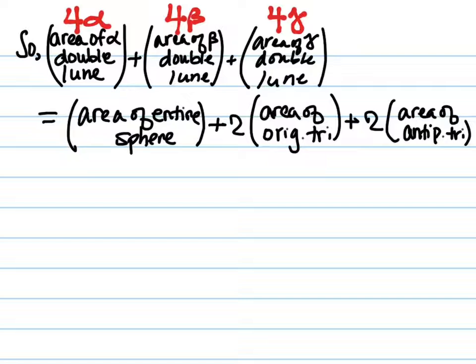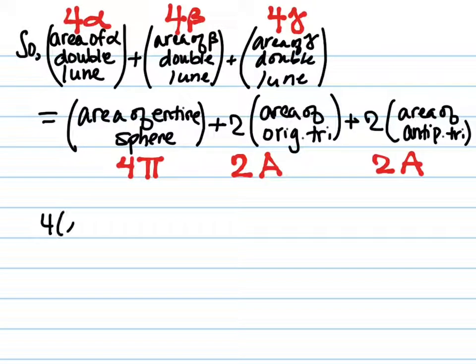What's the area of the entire sphere? 4 pi, we did that one before. And our original triangle, we don't have that value because we made the triangle arbitrary, so we're just going to call it A for now. And if A is the area of the original triangle, what's the area of the antipodal triangle? Also A, yeah. So this is 2A. So these are our values that we've set up now.